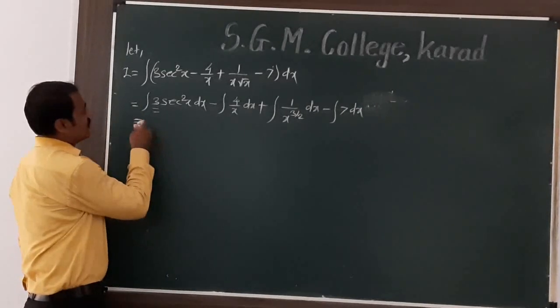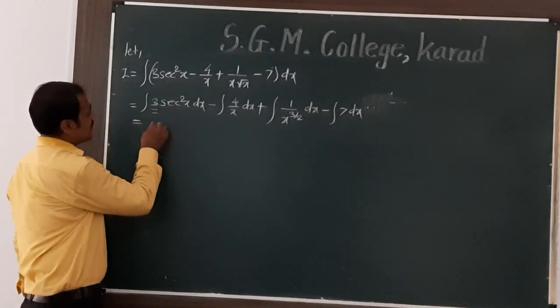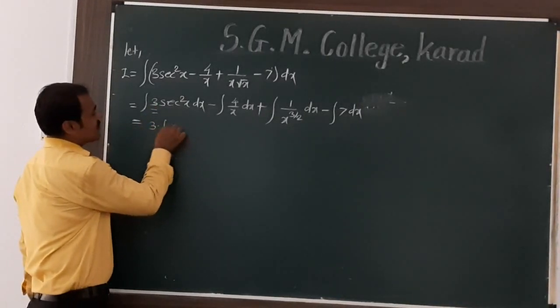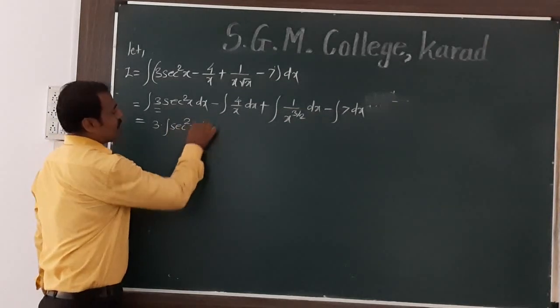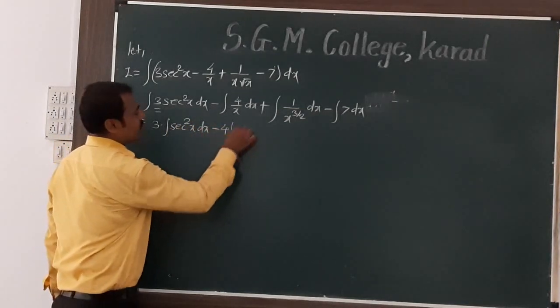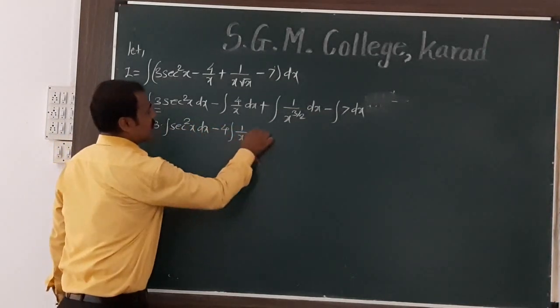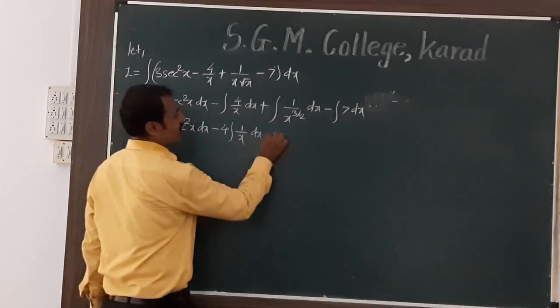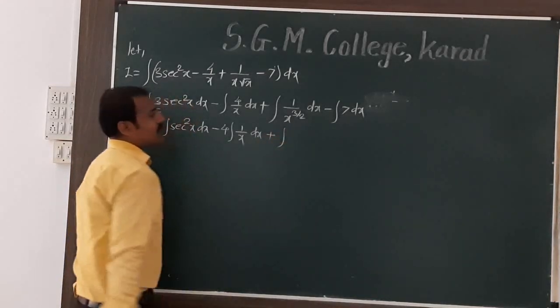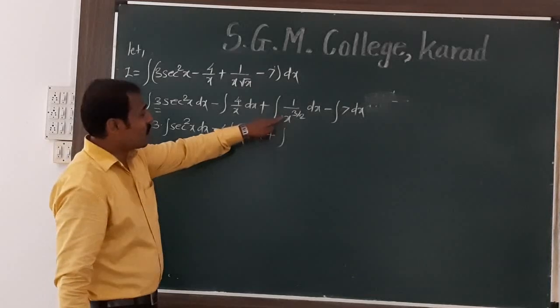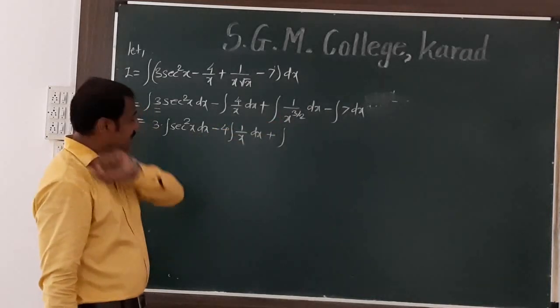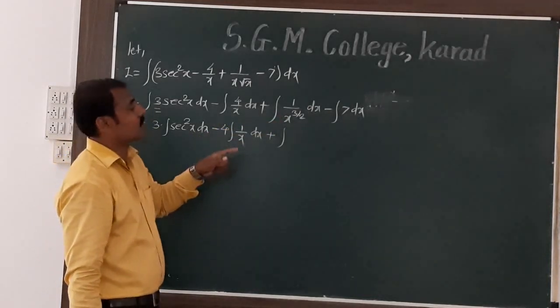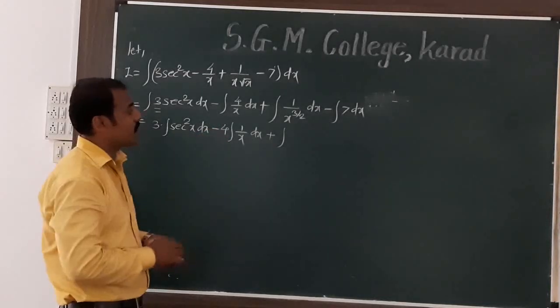So taking 3 outside the integration symbol, 3 into integration of sec square x, minus 4 into integration of 1 upon x dx, plus integration of 1 upon x raised to 3 by 2. But there is no formula for 1 upon x raised to 3 by 2, or 1 upon x raised to some power.